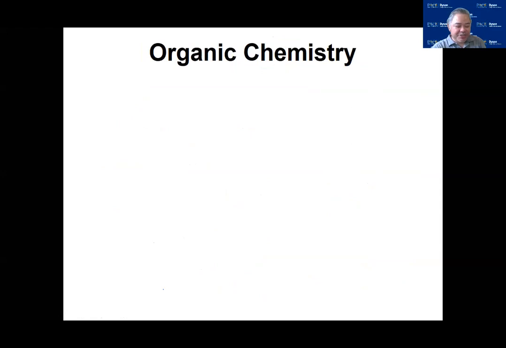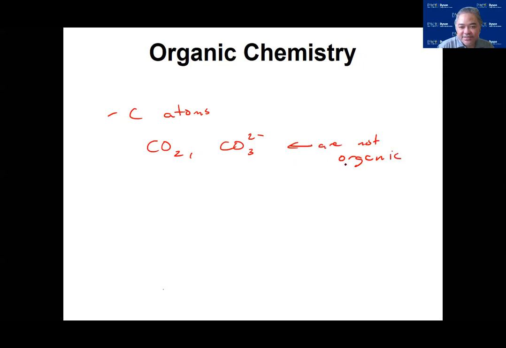Now, organic chemistry, I think the thing that you need to be clear about here is that you cannot define it as the study of carbon atoms, okay? Why? CO2, CO3 2 minus, okay? They are not organic. But they have carbons.